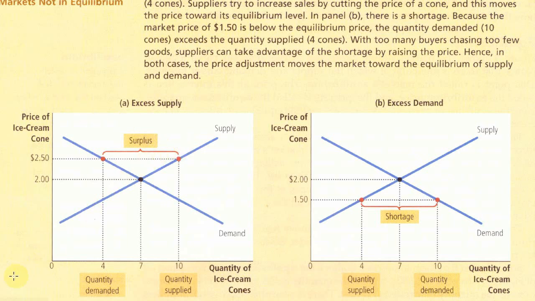And then see what can happen. This is the point I have pointed out, here, the equilibrium point, right? At this point, $2 is just the market price.